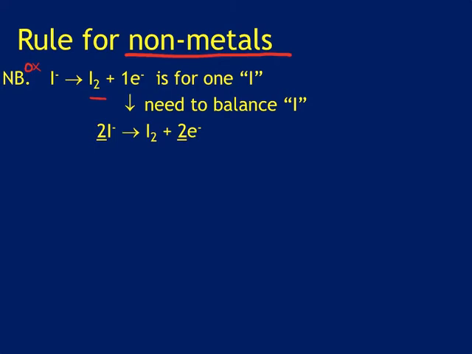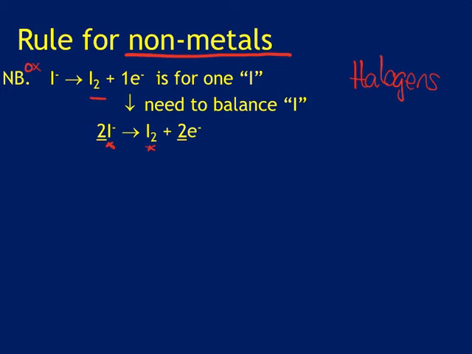So I need to double up my numbers of I, these have to match, and then because I've added another iodine in here, I have to increase my electrons. This is really important when we start balancing large equations.